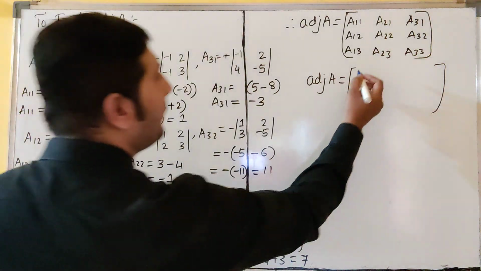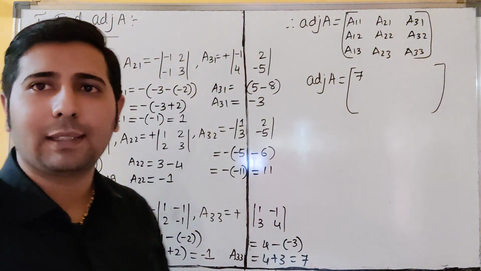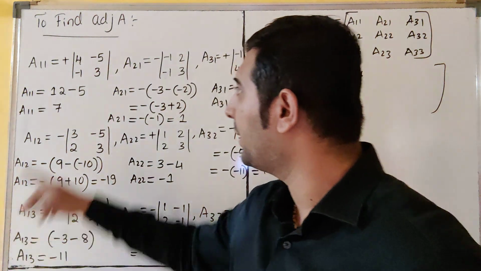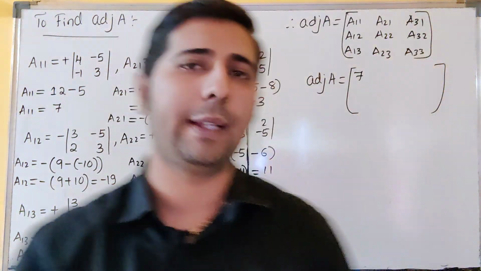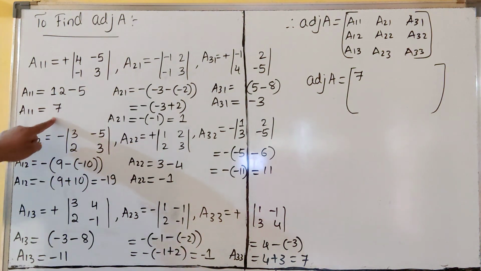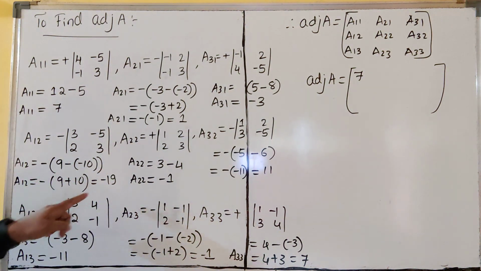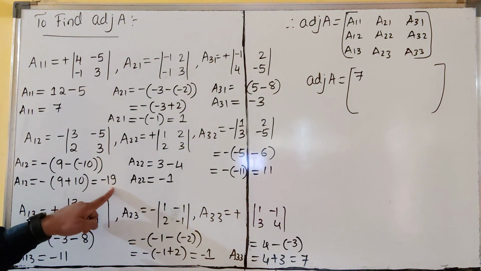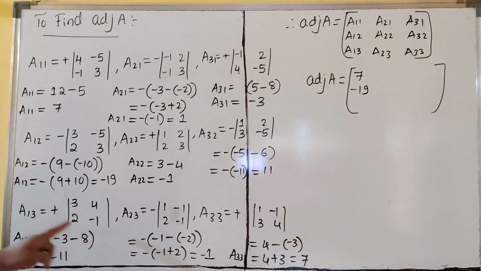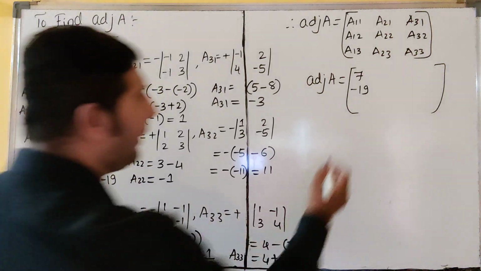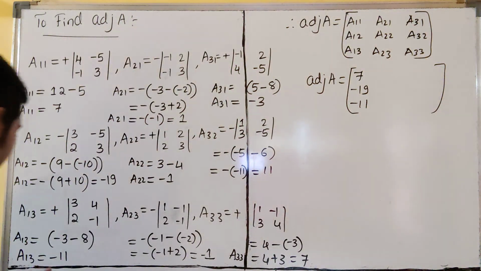A11 is 7. For your understanding purpose, I have written A11, A12, A13. Serial wise you can write, dear students. A11 is 7. A12 is minus 19. A13 is minus 11.